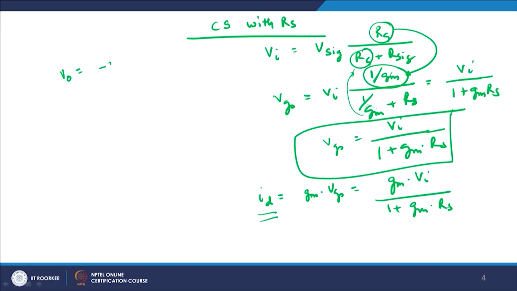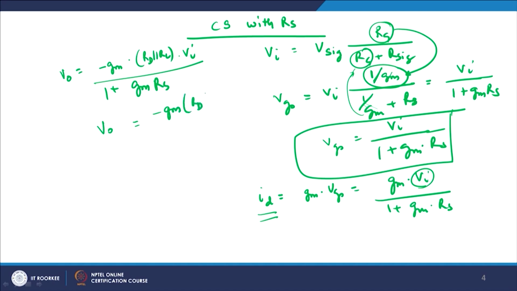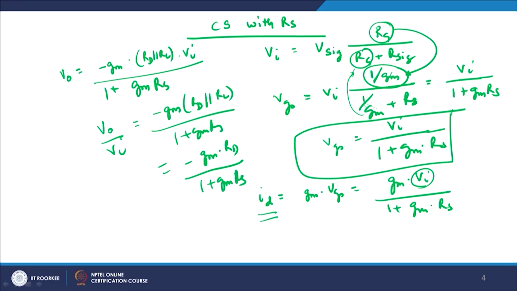So I get minus Gm times Rd parallel to RL, multiplied by Vi divided by 1 plus Gm times Rs, and therefore V0 by Vi equals minus Gm times Rd parallel to RL over 1 plus Gm Rs. If you solve it, assuming RL is very large compared to Rd, I get minus Gm times Rd over 1 plus Gm Rs. This is your voltage gain.